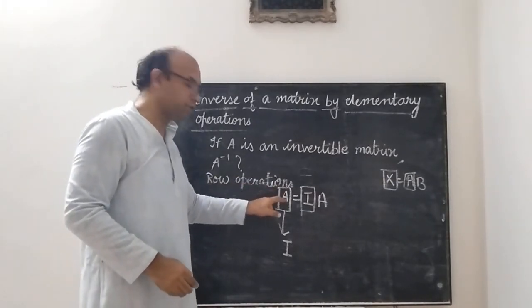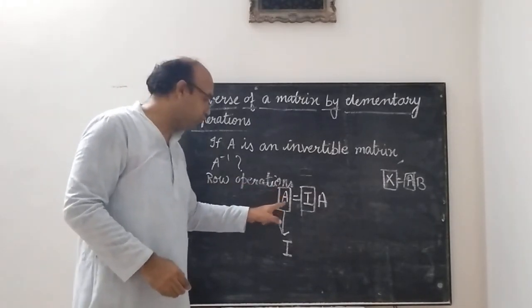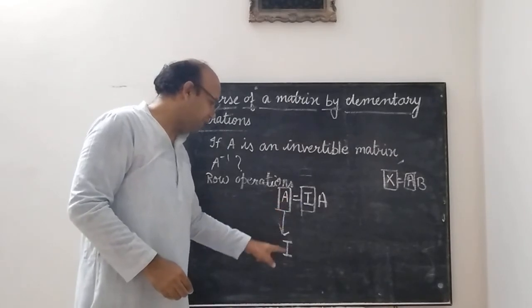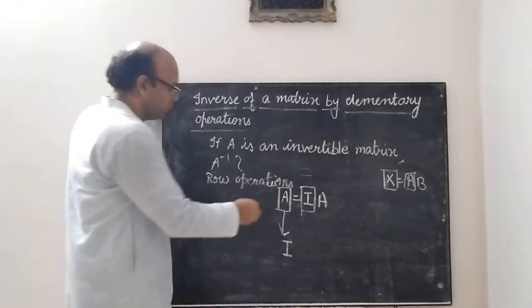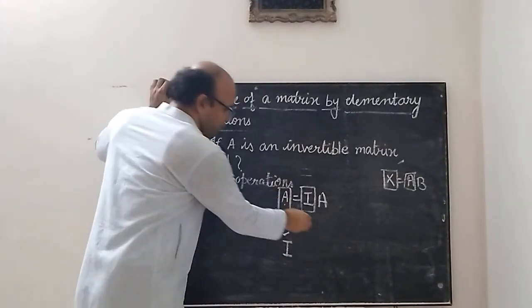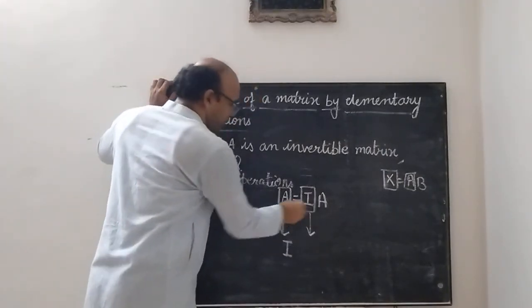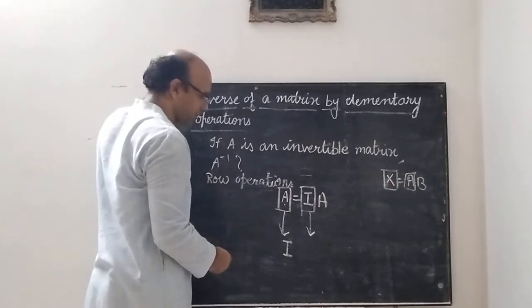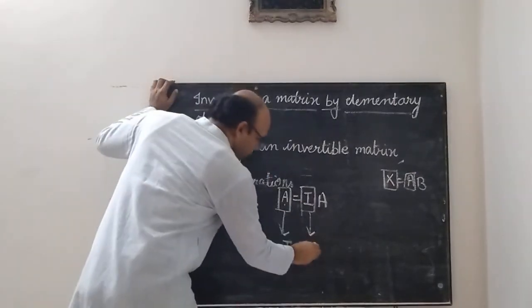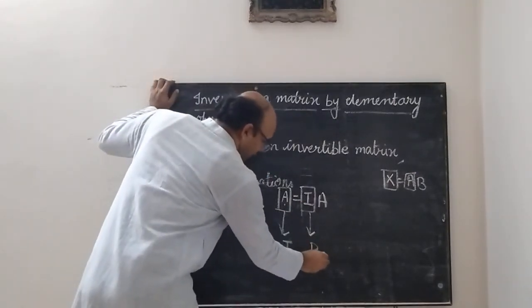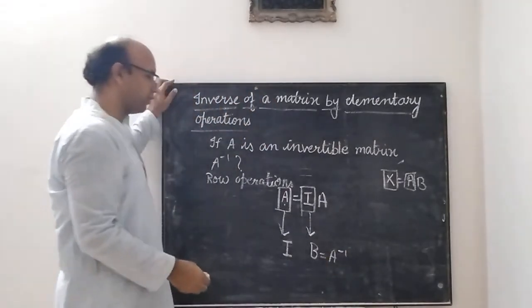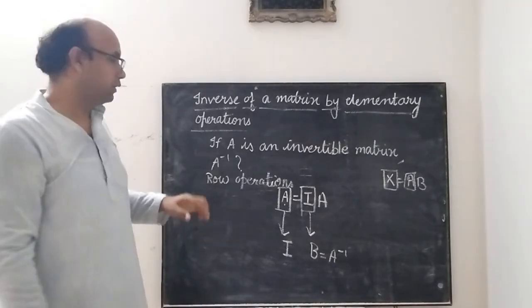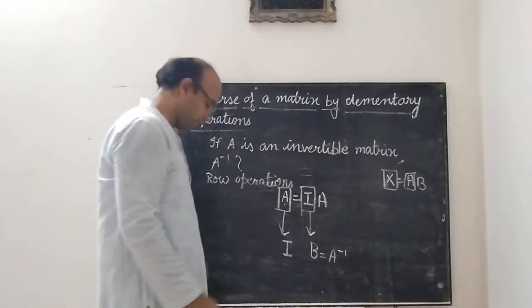We pay attention to this matrix. We try to convert this matrix A into the identity matrix, and whatever operations we perform on this one, we keep on simultaneously performing on the identity matrix. Suppose it converts to another matrix B, then we call this the inverse of A by the definition of the inverse of a matrix.